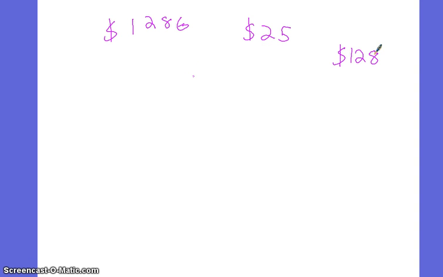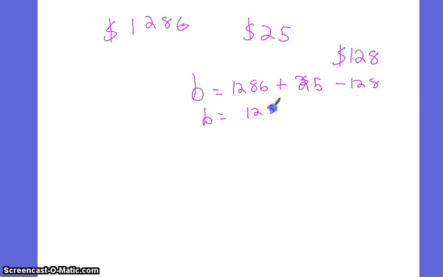Okay, to find the balance, we'll use B for balance equals 1286 plus 25 minus 128. So what we're doing is B equals 1,286 plus 25 plus -128.